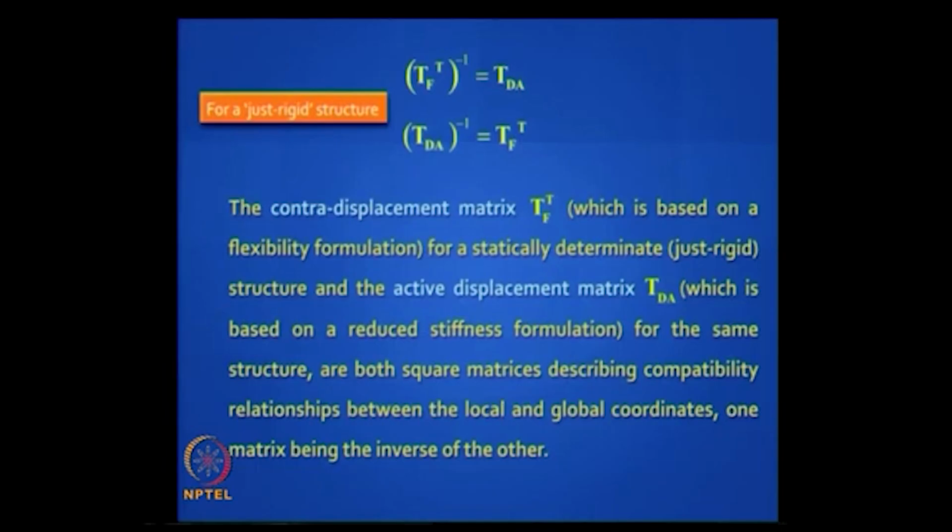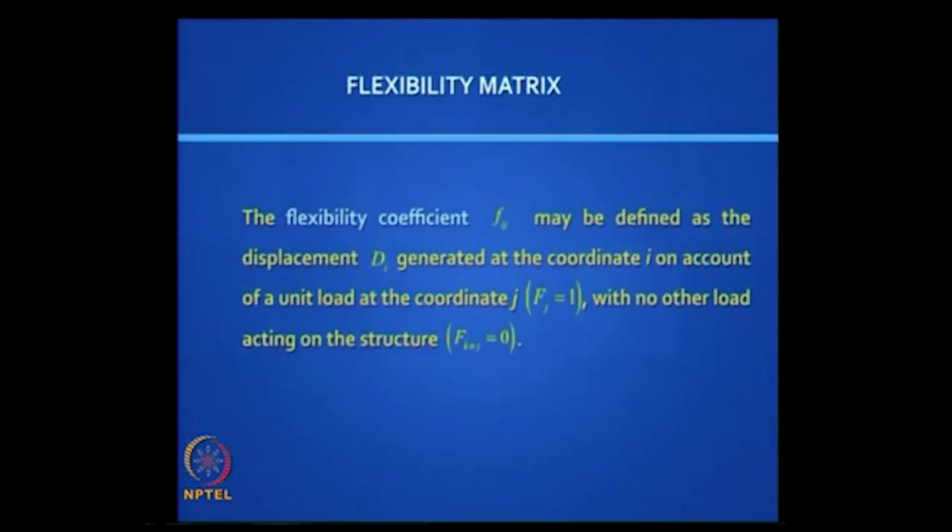You can say TF transpose matrix, which is based on a flexibility formulation for a statically determinate rigid structure, and the active displacement matrix TDA, which is based on a reduced element stiffness formulation for the same structure, are both square matrices describing compatibility relationship between the local and global coordinates, one being the inverse of the other.